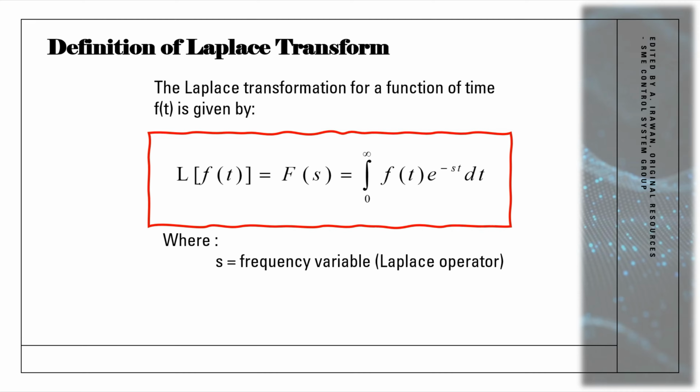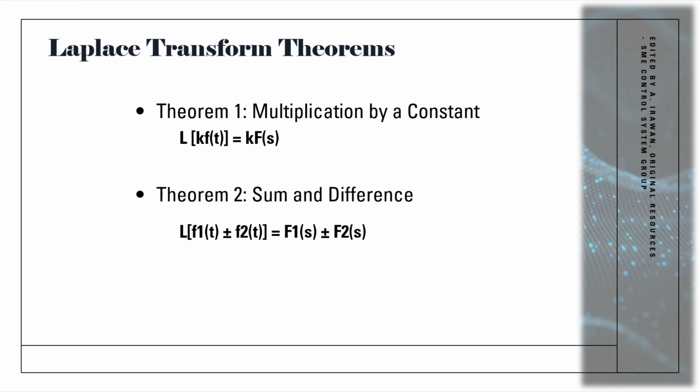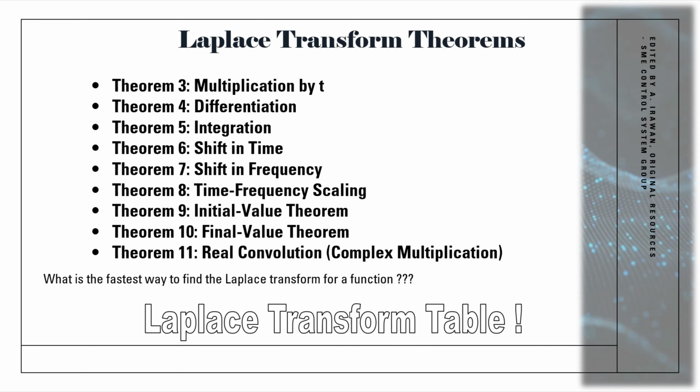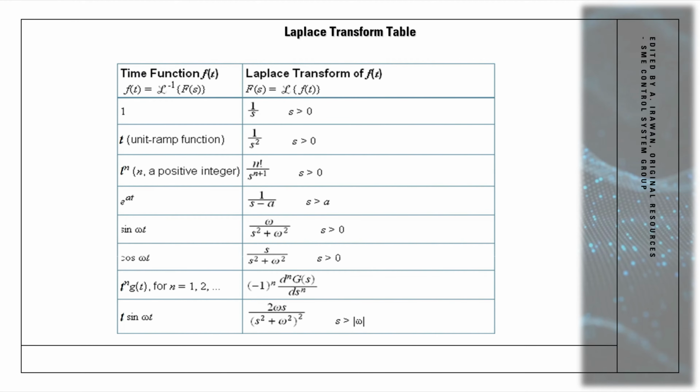The S domain is a frequency-based equation, whereas before it was a time-based equation. There are several theorems and methods for the Laplace transform, but for this subject we simply use the Laplace transform table, which shows the basic components.